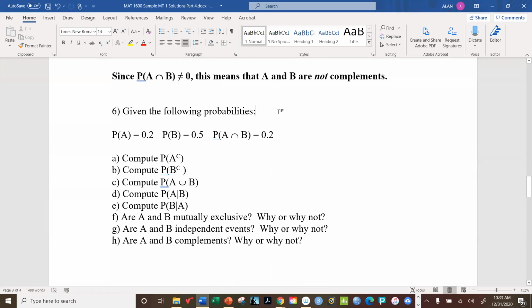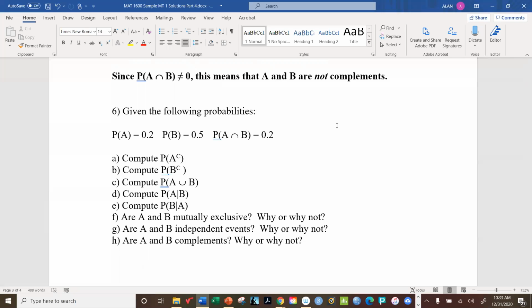All right, now here in question 6 we have another set of probabilities, but this case is very different because we do not know what the experiment was that generated these outcomes, which means that the only way we can solve these problems is to use the rules. There's really only one way to go because you don't have enough information to explain this in English, for example.